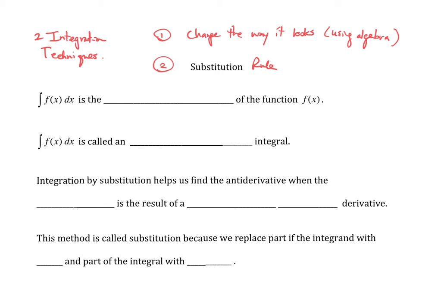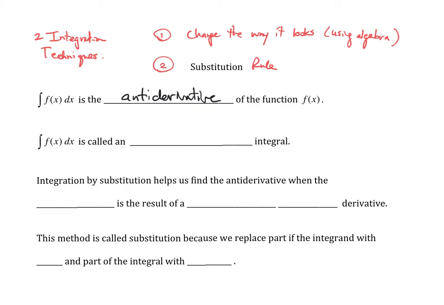Now, when we have this integral sign of f of x dx, but you don't have any limits of integration over here, this is the antiderivative of the function f of x.